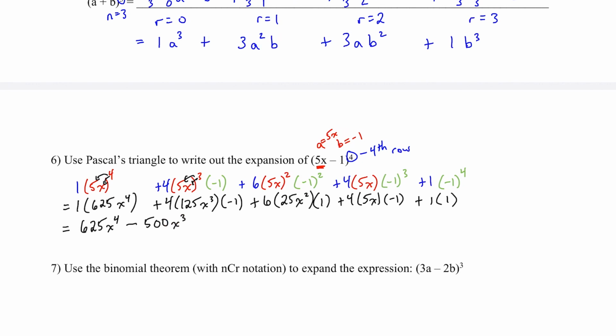Next, we have 6 times 25 times 1, which gives us 150x squared. Next, we have 4 times 5x times negative 1. That will give us a negative number, and that is 20x. And then lastly, we have 1 times 1, which is plus 1.